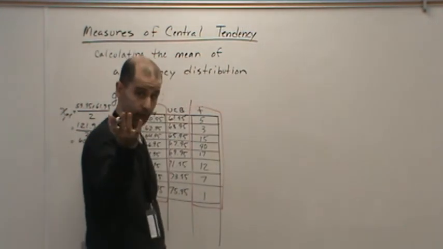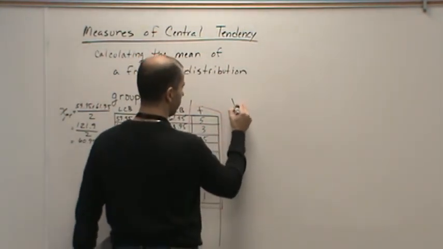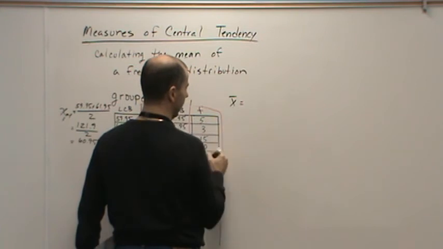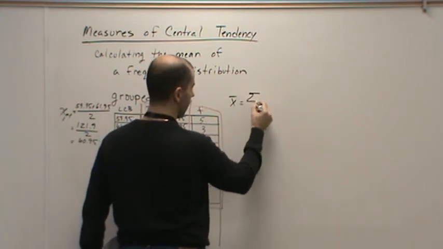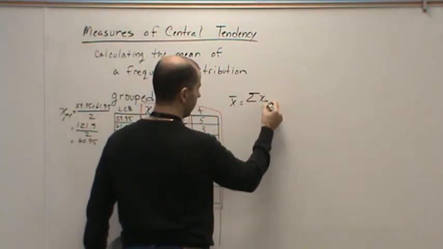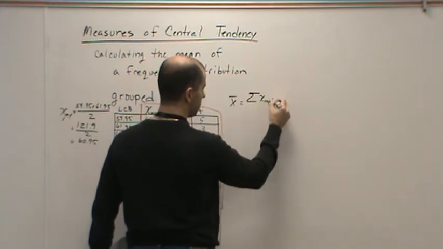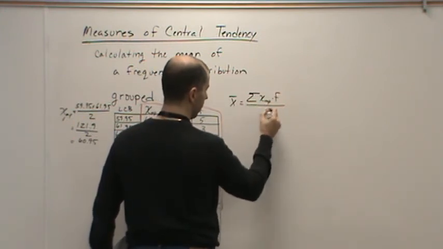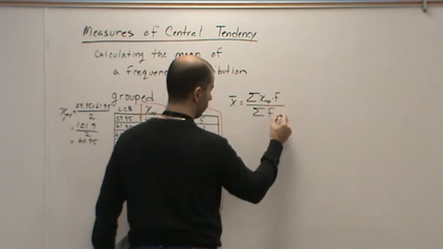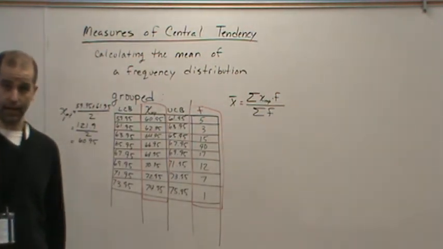Because we don't know what the data values are. So to calculate the sample mean, x bar, it's going to be the sum of x sub mp times the frequency divided by the sum of the frequencies, or the sample size, okay?